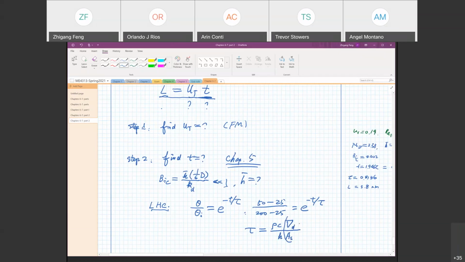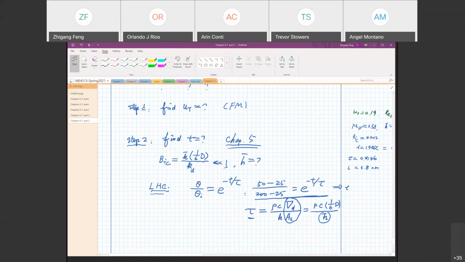And V over A sub s is the characteristic length. So eventually we can replace V over A sub s by 1/6 D over h. Again, we need the h. Once we have h, we can find the time constant, and from the time constant, we can find t. That's for step 2. We should go this route to find the time t, using the LHC method. Now everything ends up with h. We're stuck at h. We don't have h.